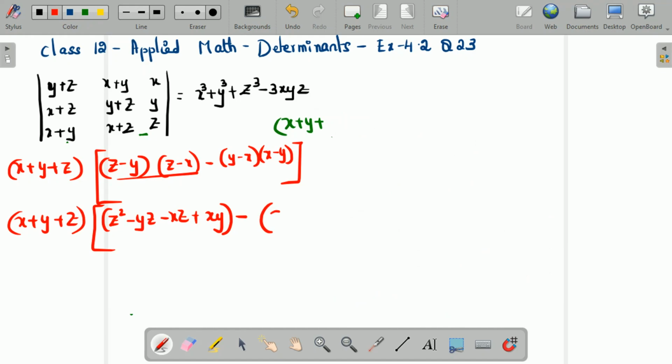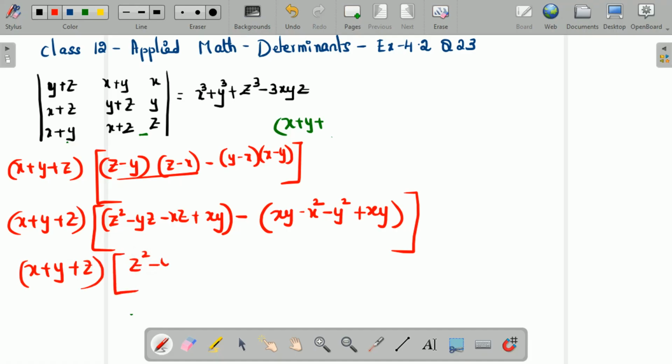This will become xy minus x squared minus y squared plus xy. Now let's remove the bracket in the next step. So x plus y plus z into z squared minus yz minus xz plus xy minus xy plus x squared plus y squared minus xy.